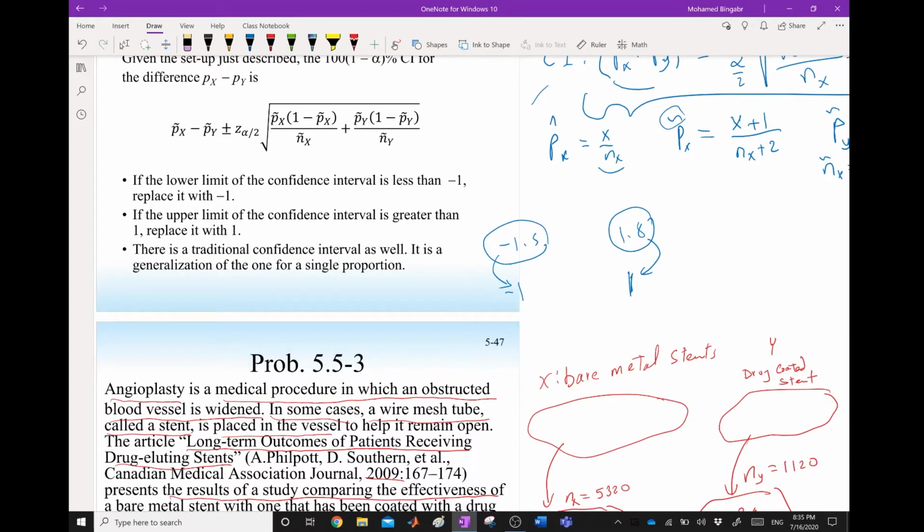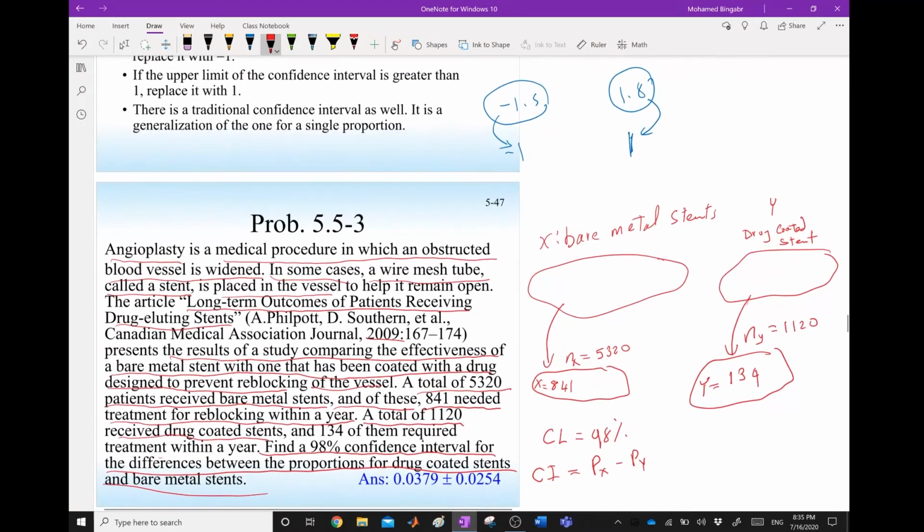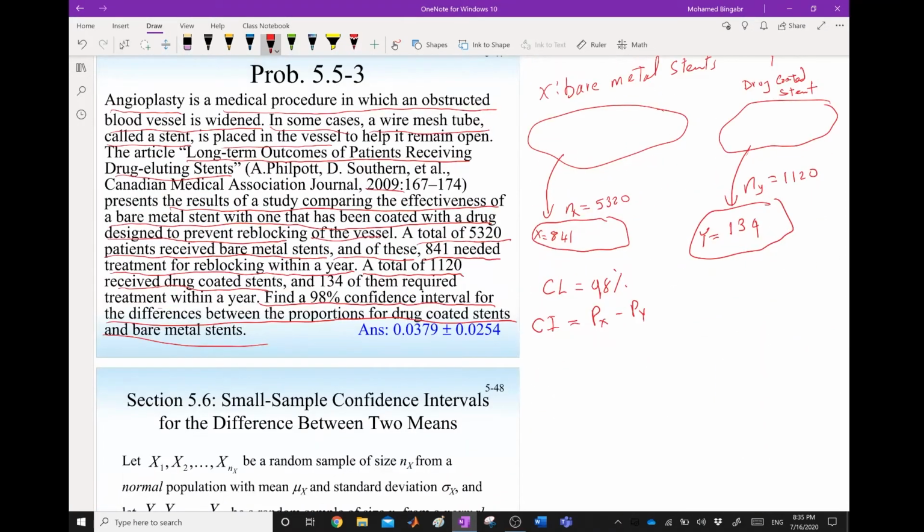Well, we're just going to follow these. So we have to estimate these, then the standard deviation, and find z alpha over 2 for the 98% confidence level. So px delta is the number of patients needing retreatment, 841 plus 1, divided by the total number of patients, 5,320 plus 2.